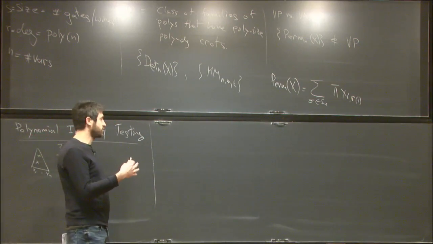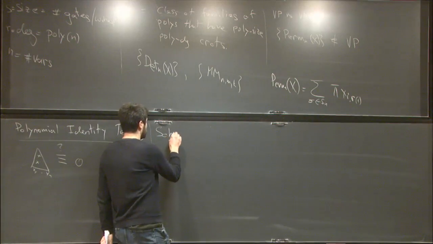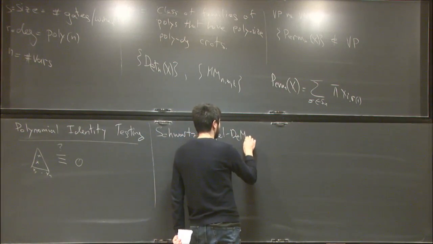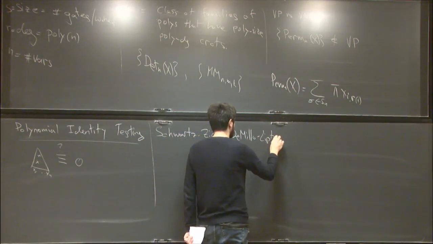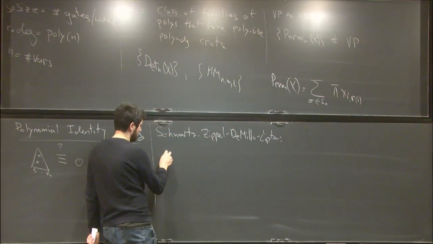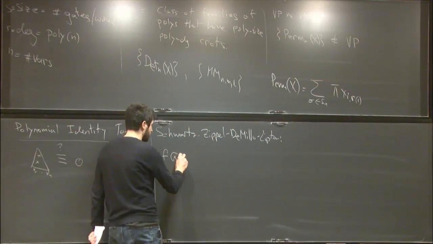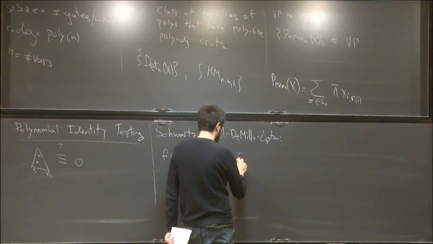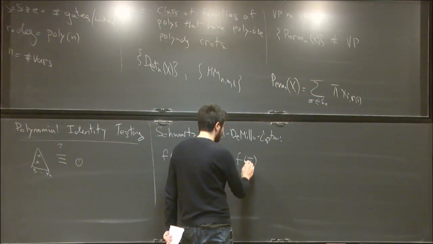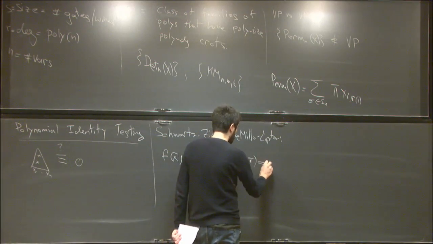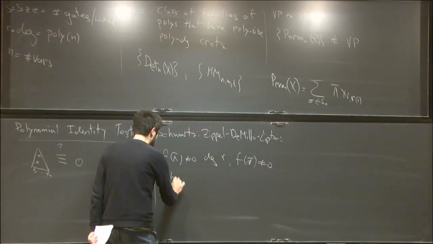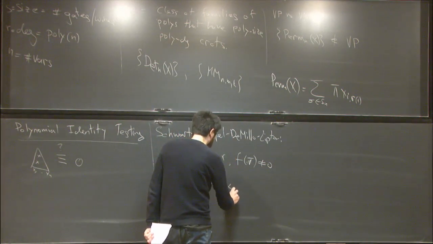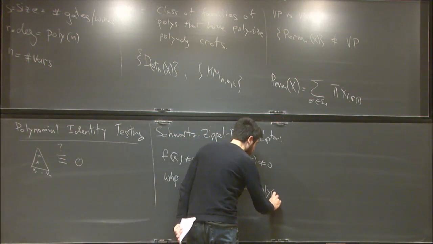It follows from the Schwartz-Zippel-DeMillo-Lipton lemma. The lemma basically says that if we have a non-zero polynomial f(x) of degree r, then f of some input, let's call it v, is non-zero with high probability if we pick v from a set of size polynomial in r.